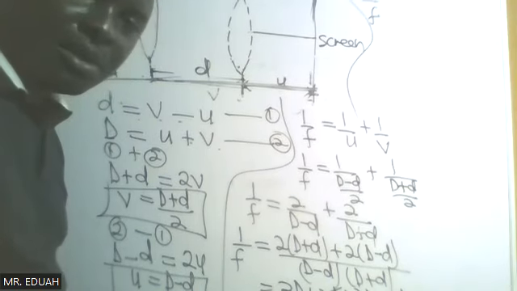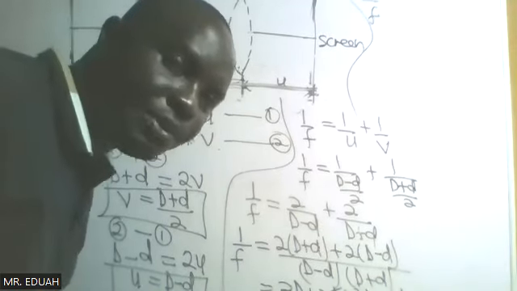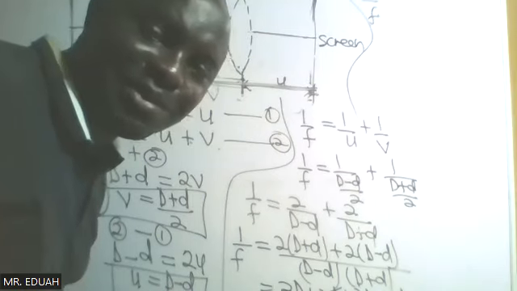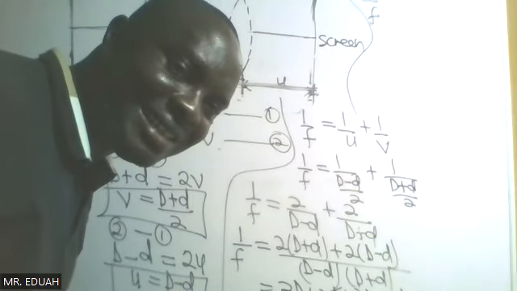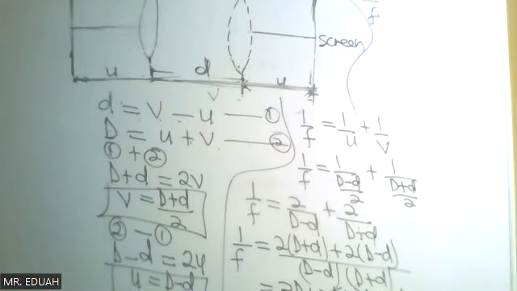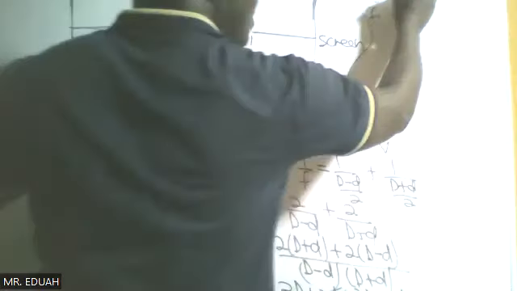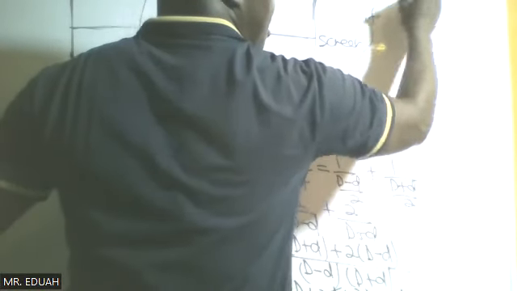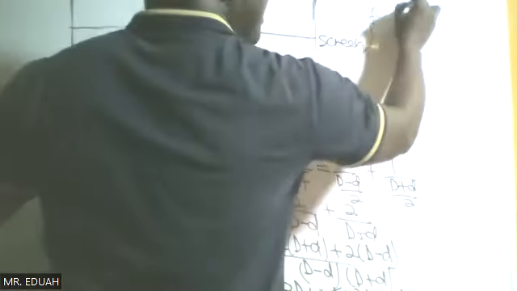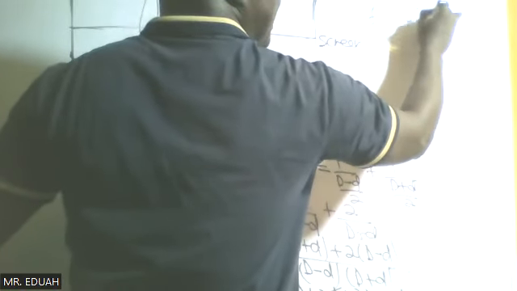You can see. I thought you are asleep. So 1 on F, what this plus this would give us is 4D on D squared minus small d squared.